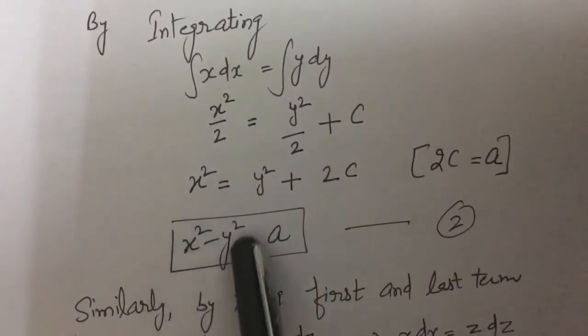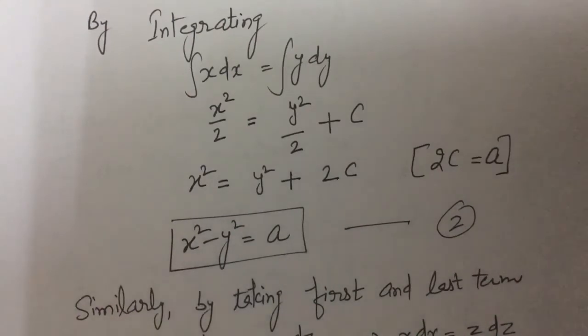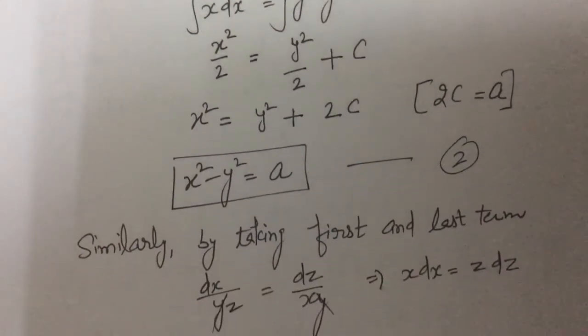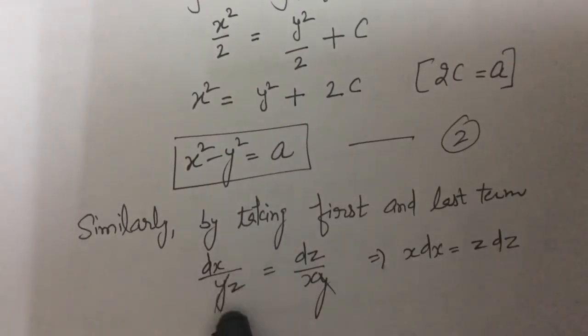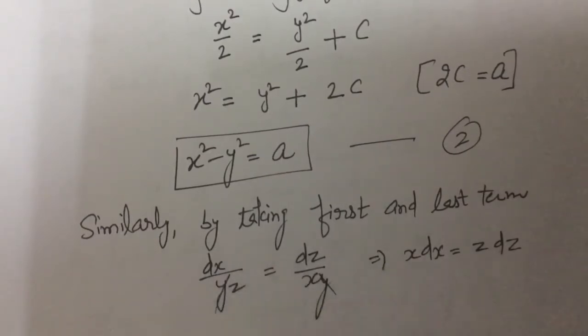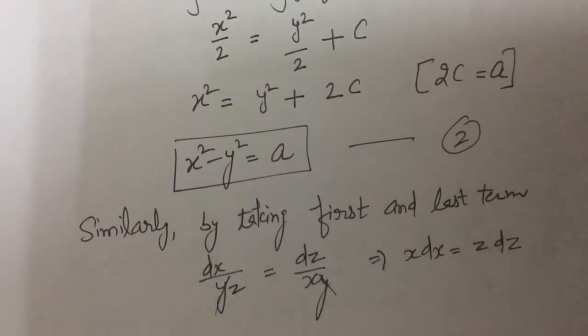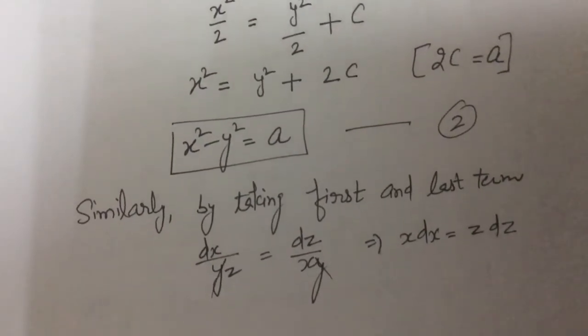On the left hand side, the function you get is called u. u is a function of x, y and z. Similarly, by taking the first and last term, you will get dx by yz is equal to dz by xy. y can be cancelled on both sides as we have done earlier. By cross multiplication, you will get x dx is equal to z dz.